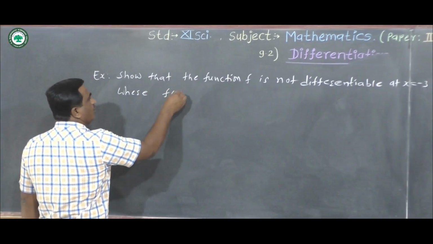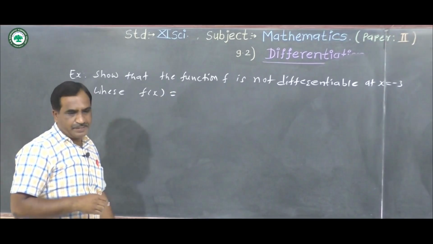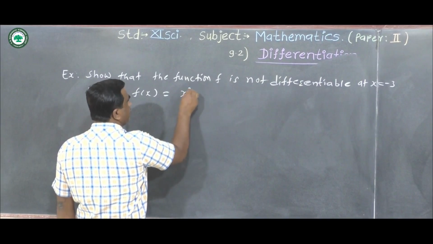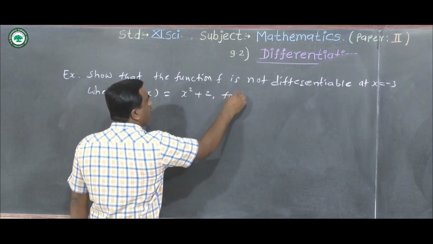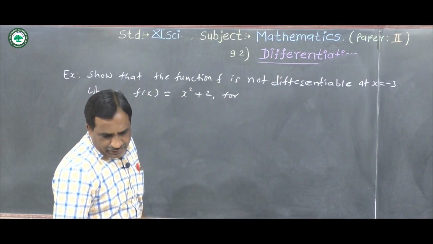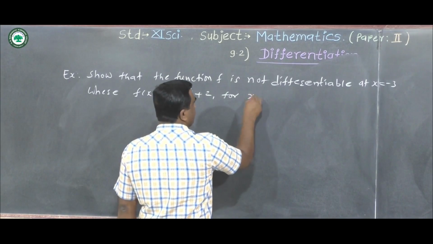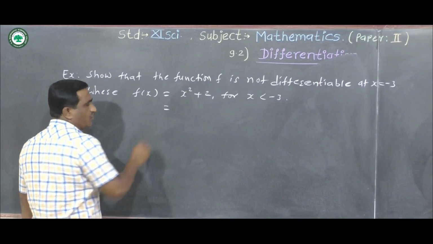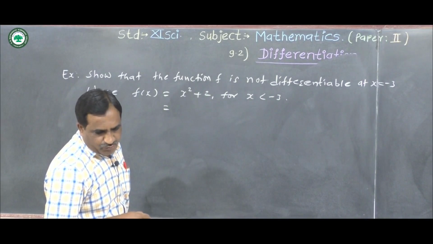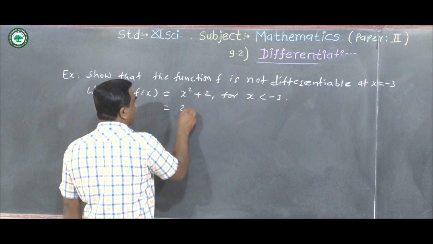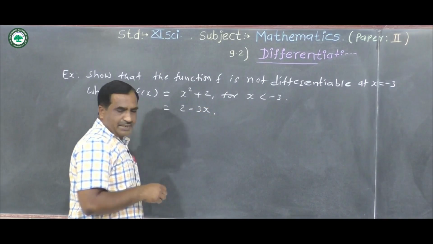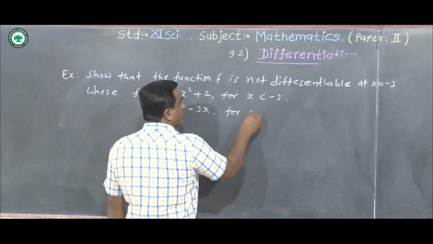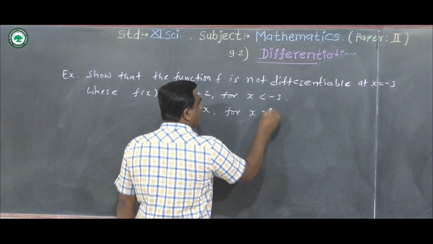f of x is equal to x square plus 2 for x less than minus 3, and f of x is equal to 2 minus 3x for x greater than or equal to minus 3.